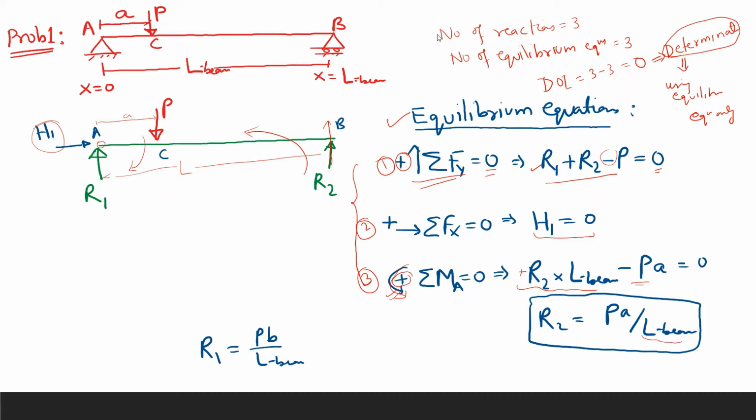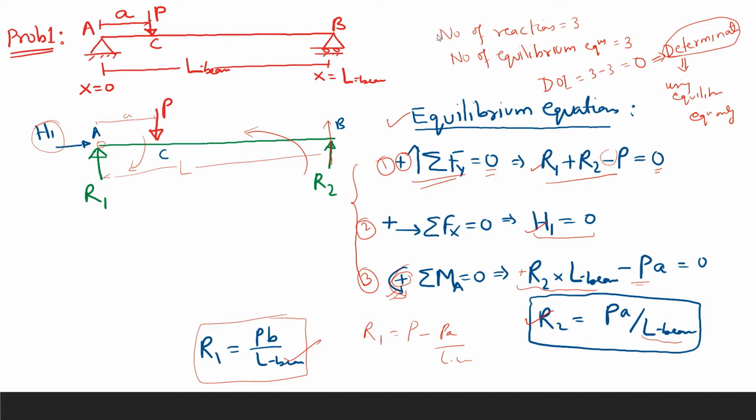And R1 would be what? R1 equals P minus R2, and R2 we have seen is Pa upon L, where L is the length of the beam. So if we subtract, we get R1 equals Pb upon the length of the beam. So we get the horizontal reaction and both vertical reactions.